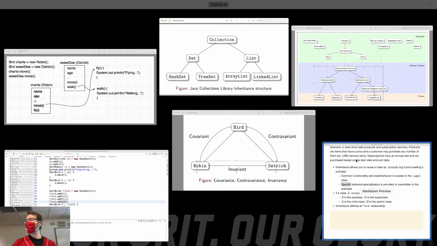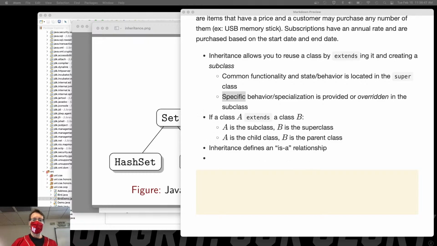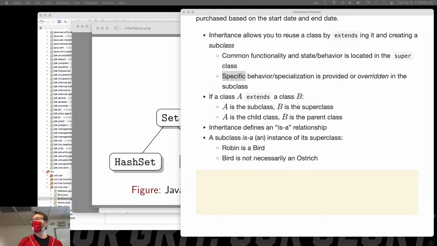Okay, so let's go back over to the notes here. I'll go ahead and just bring this over. A subclass is a relationship to its superclass. A robin is a bird. A bird is not necessarily an ostrich. A robin is a bird, that's covariance, right?